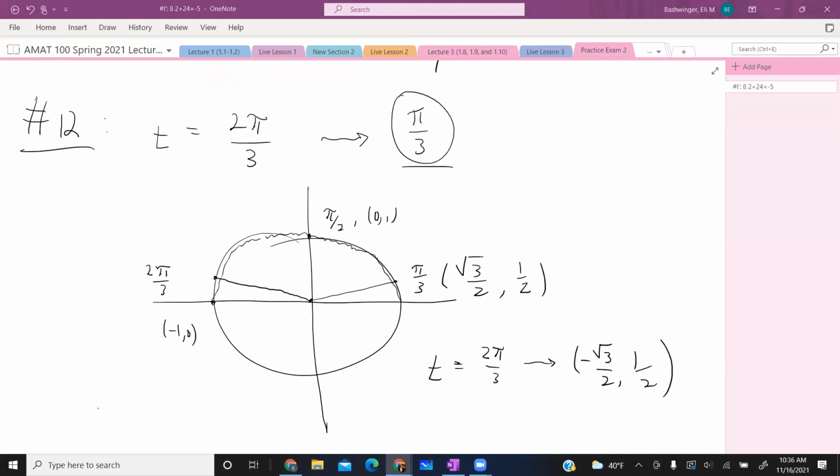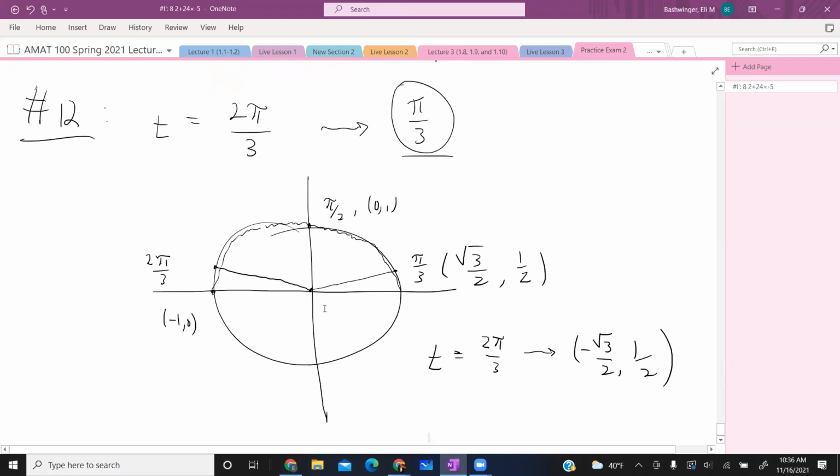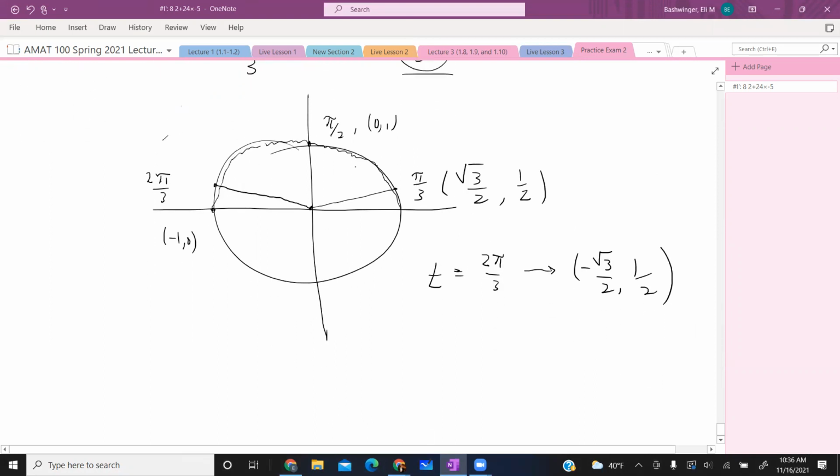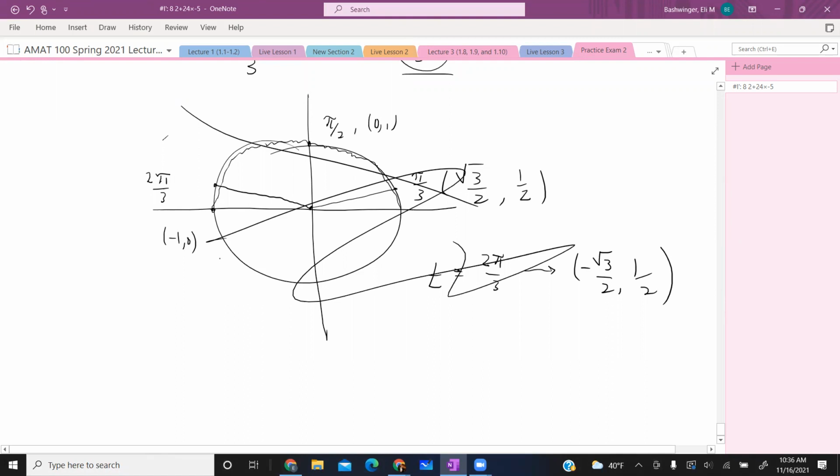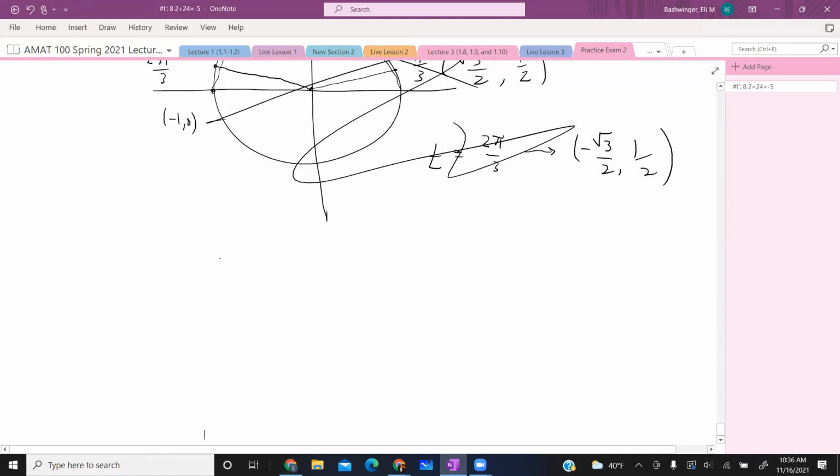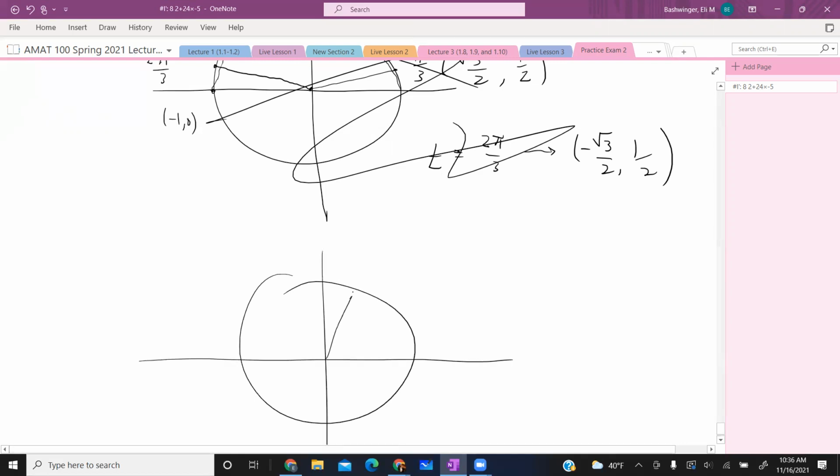So let's do this again. It's still roughly the same. Actually, I shouldn't have done that, because I just drew on the wrong spot. We're still in the second quadrant, but we're actually looking at pi over 3, and that ends up being here.